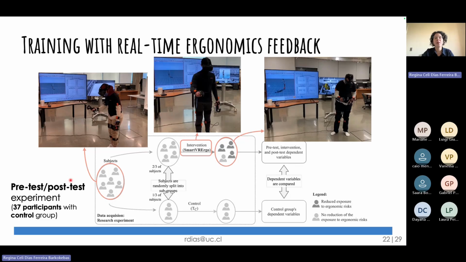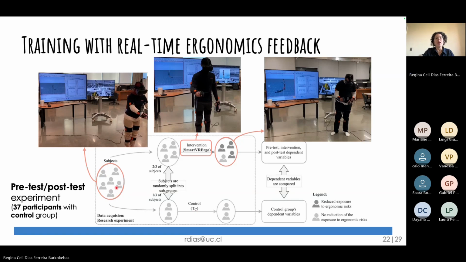In this study, 2/3 of the participants received the implementation, so they received the ergonomics training, and 1/3 of the participants did not. So the participants in the control group received the same operational training 3 times.